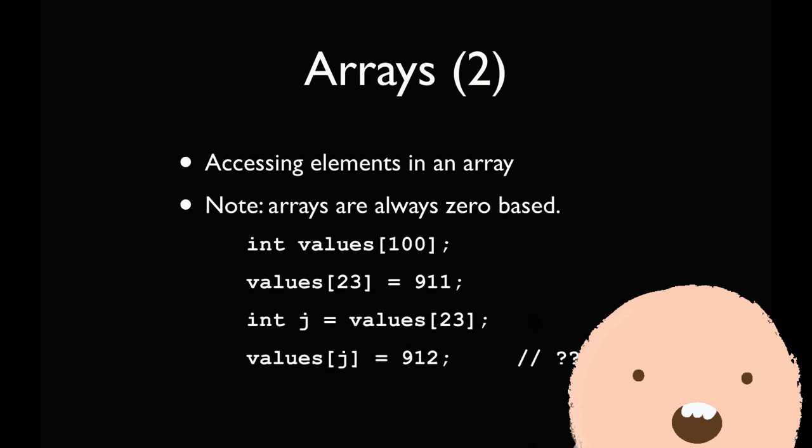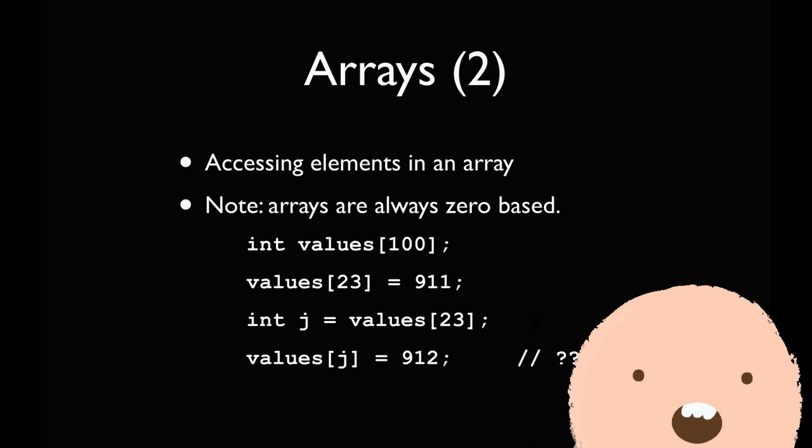What I'm doing is assigning the integer value 911 to the values sub 23 location in the array. I can also use the array element on the right side of the statement. So in the next one, I have an integer j being assigned the value of values sub 23.